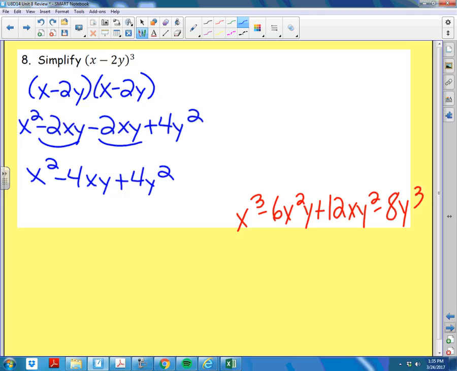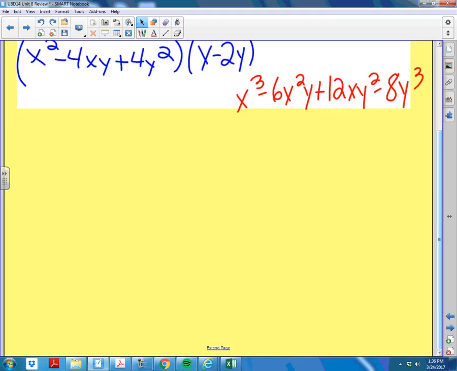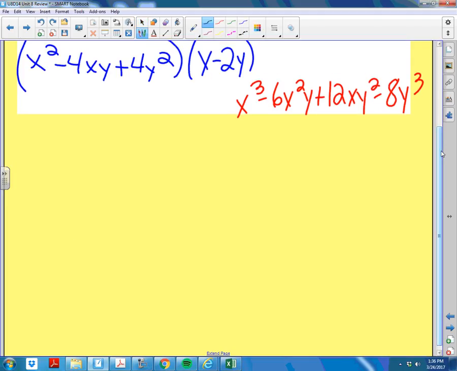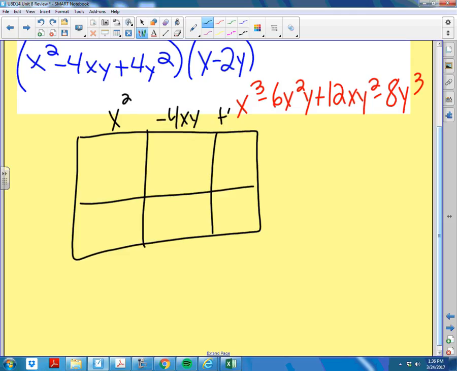Now, that is just the first one squared. So you still have to do this times x minus 2y. And when you're going to do that, what did I say to use? Use the box method. Otherwise, it'll become a big nightmare. So I'm going to do my rectangle, split it in half and pieces, and I end up with x squared minus 4xy plus 4y squared and x minus 2y.